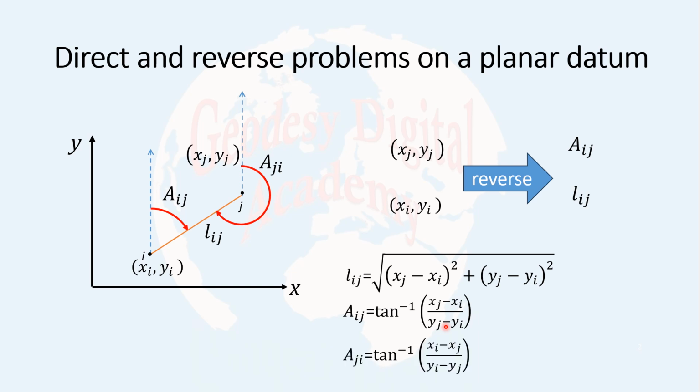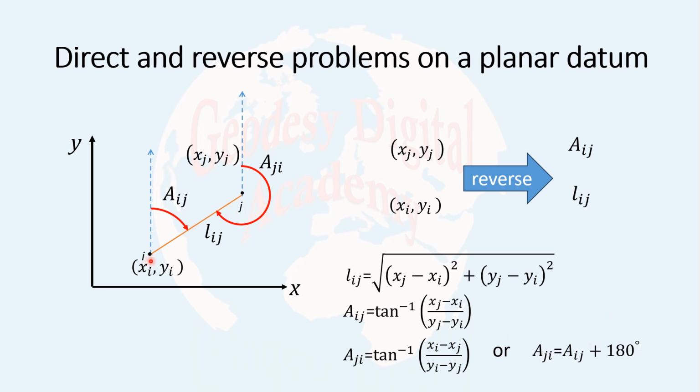Also, the reverse azimuth can be determined in a similar way, but this time we replace the coordinates of points i and j. It means that we write the coordinates of xi minus the coordinates of xj. Or we can determine the reverse azimuth simply based on this formula.